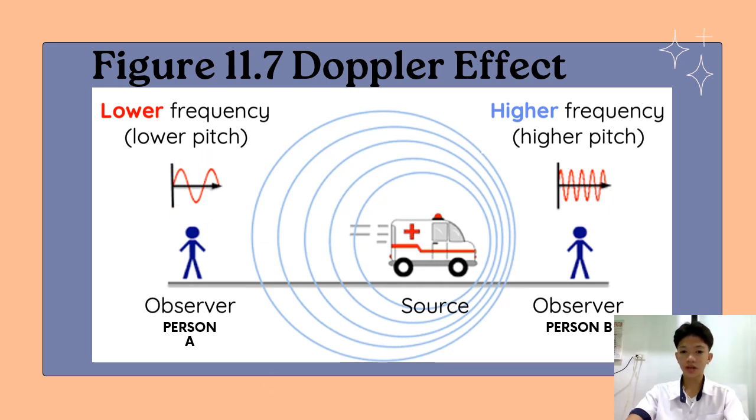At the back of the ambulance, the circles cover a larger area, so that's why it's a lower pitch. As it goes towards person B, there is a shorter wavelength, and this creates a higher pitch.